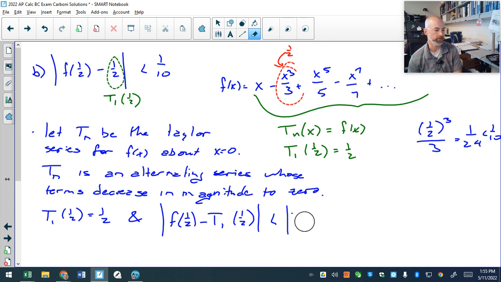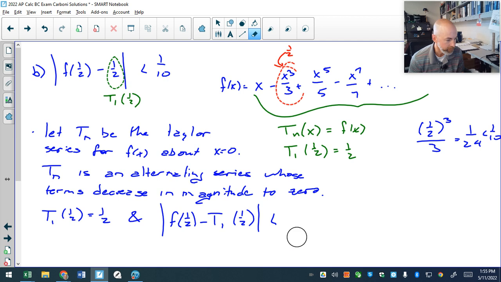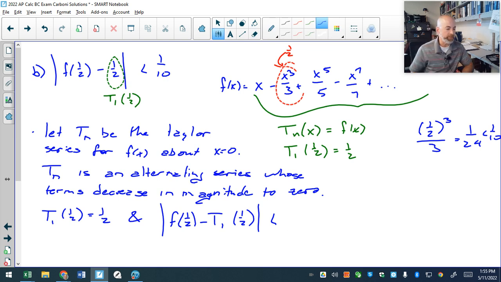Oh, actually, no, it's not the whole polynomial. I'm sorry. This is what happens when I solve these live and I don't polish up my work. So it's going to be less than the magnitude of the first omitted term, which will be negative 1/2 cubed over 3.